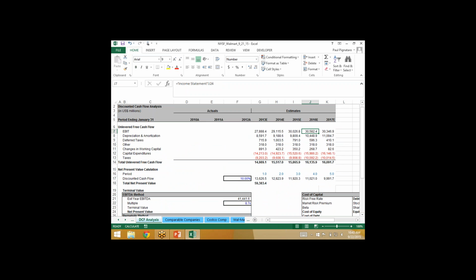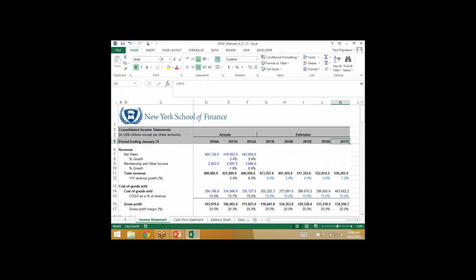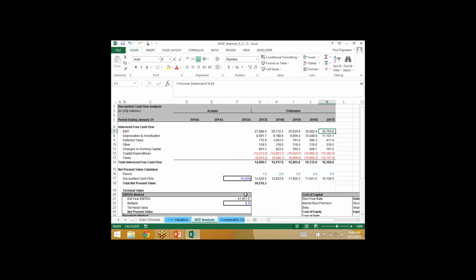This last EBITDA is different. Oh, just make sure your 2017 revenue is a 2% growth. I don't know why I put 1. Yep, 2017 revenue growth was 2%. I just scaled it down evenly by 1% each. You make that change. There we go.